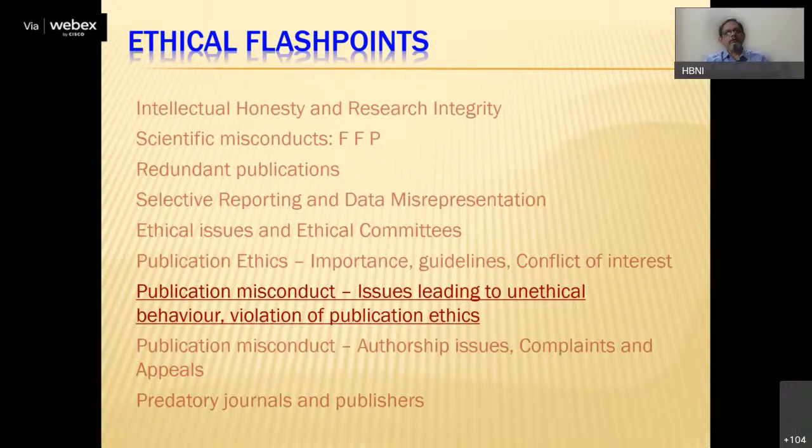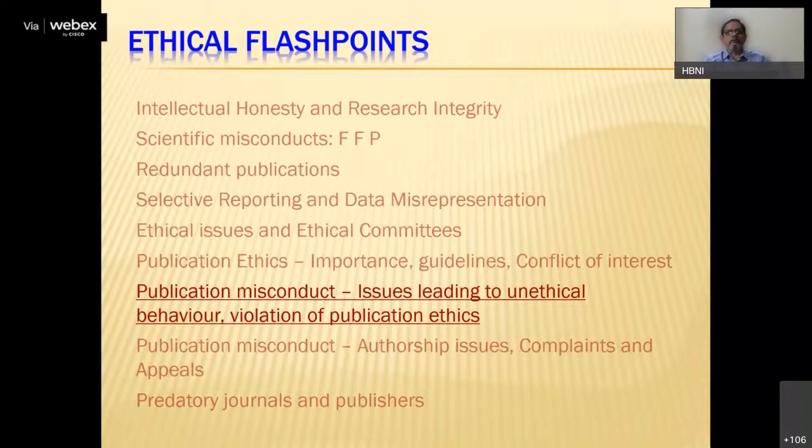Most of the cases which I had discussed in my previous lectures dealt with cases of misconduct during the course of the research methodology itself.